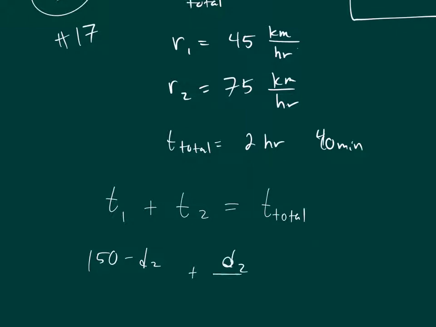This is going to be over the first rate of 45, the second rate of 75, and that's going to equal 2.6 repeating. This is your time it takes, distance over rate, time 1 plus time 2 equals time total. Okay, come by during the free period, please, if you want more help.